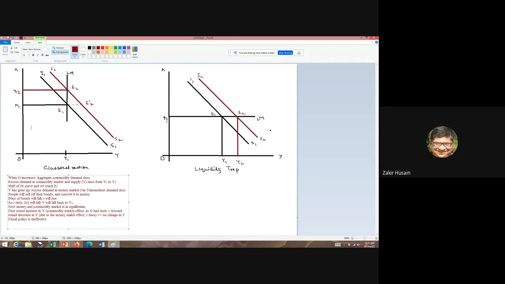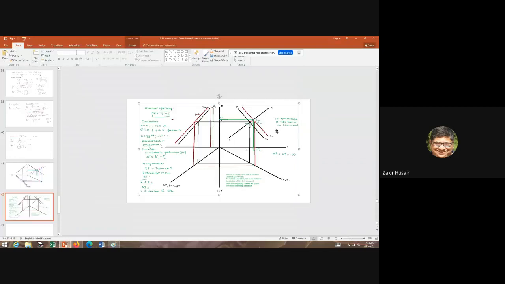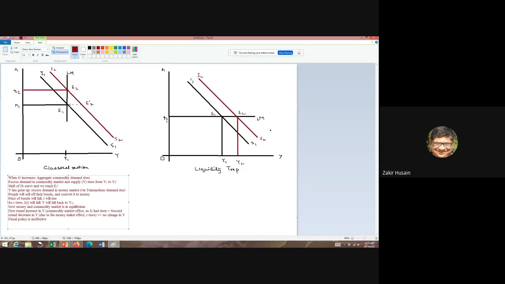So what I'm basically saying is first round, you're having an increase in Y. Second round, there's a decrease in Y, which is over here. You can see it is much less. The decrease in Y is much less. So the final effect is income has gone up. Here, however, the first round and second round effect is exactly equal to each other.